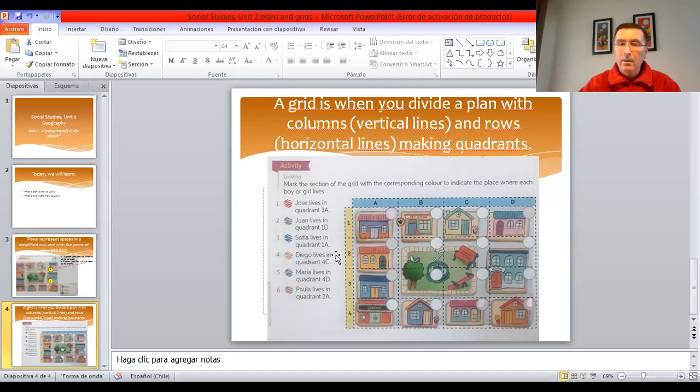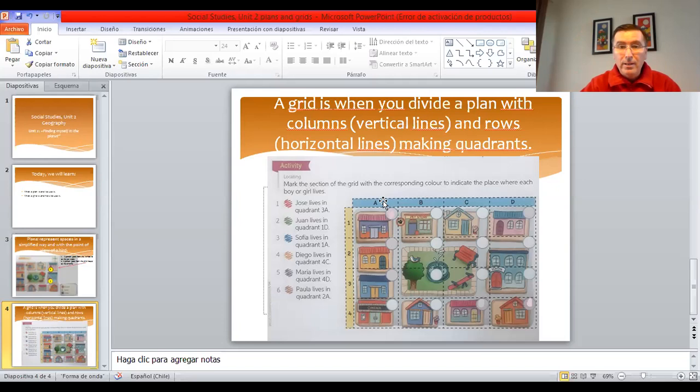Remember, the rows have numbers assigned. This is row number 1. This is row number 2. This is row number 3. And this is row number 4. And the columns are the vertical lines.